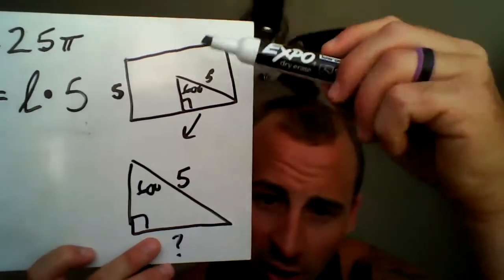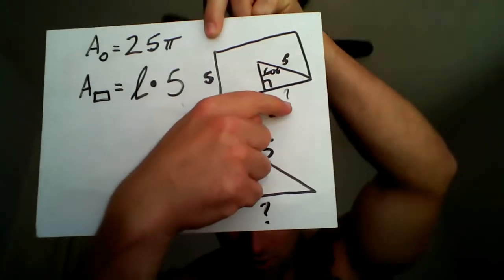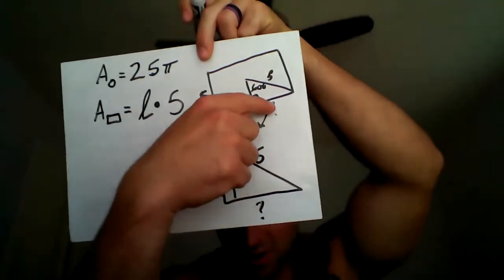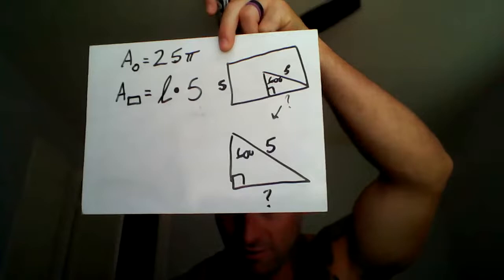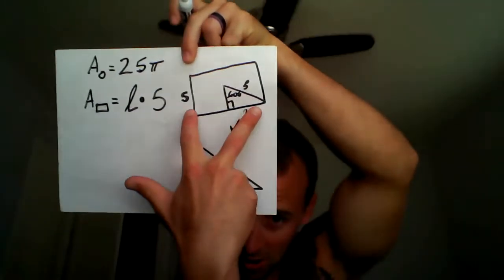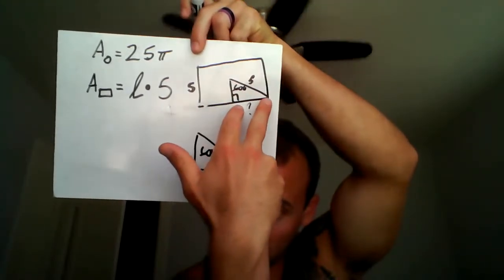This question mark here, if we zoom in and make this a bigger triangle, is going to be half of the length of the rectangle. This would be the length, the thing we're looking for. This would be half of it.